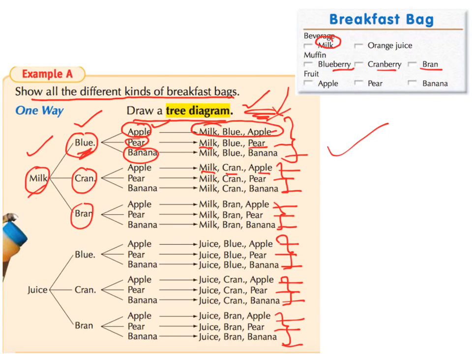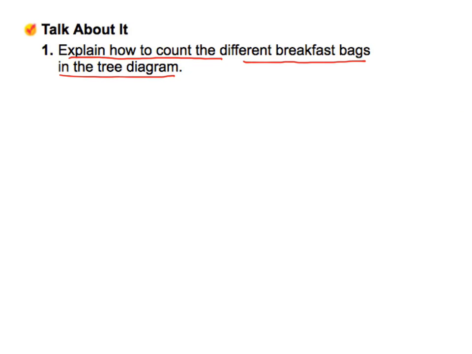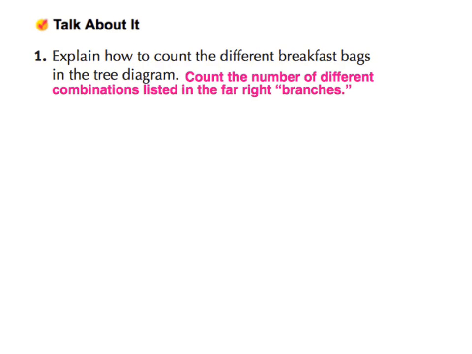So we have a total of 18 choices to make. Count the number of different combinations listed in the far right branches.